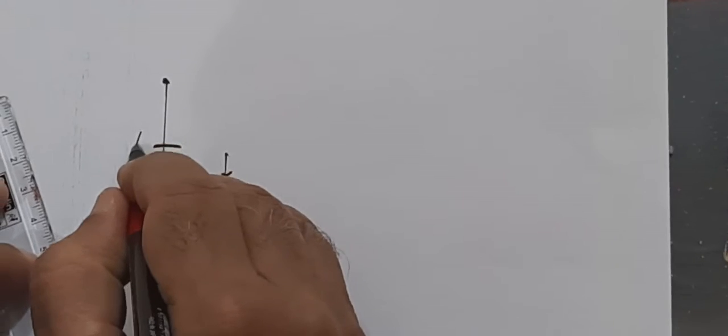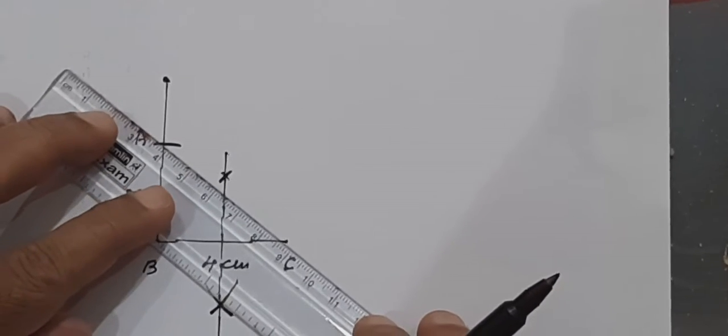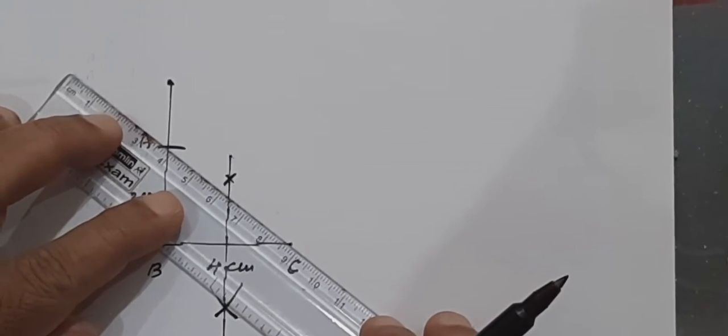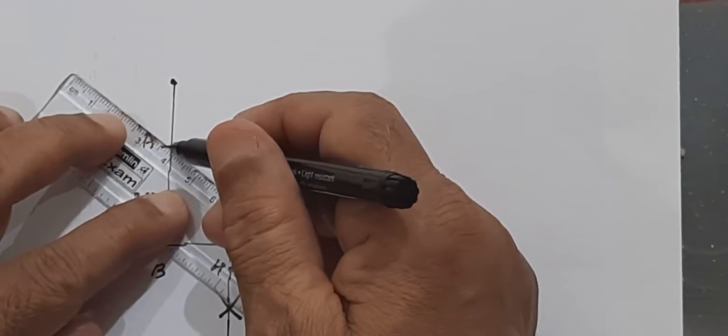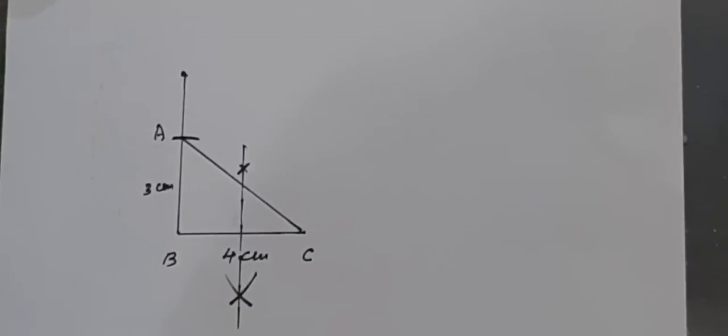This is point A. Join AC. First you complete the triangle and then draw the perpendicular bisector. And now name this point as O.